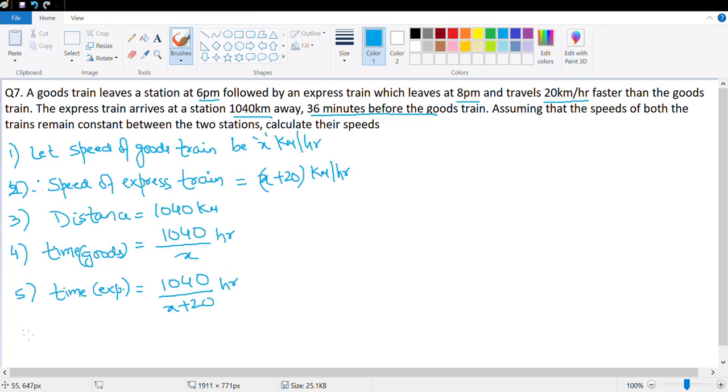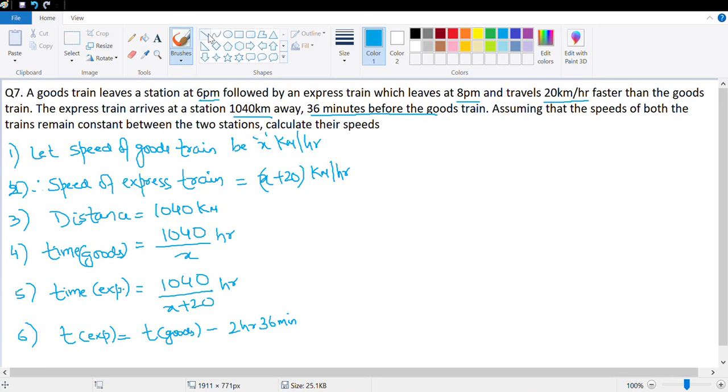Next, what is given is time of express train is equal to time of goods train minus 2 hour 36 minutes. Let's just read this once again.